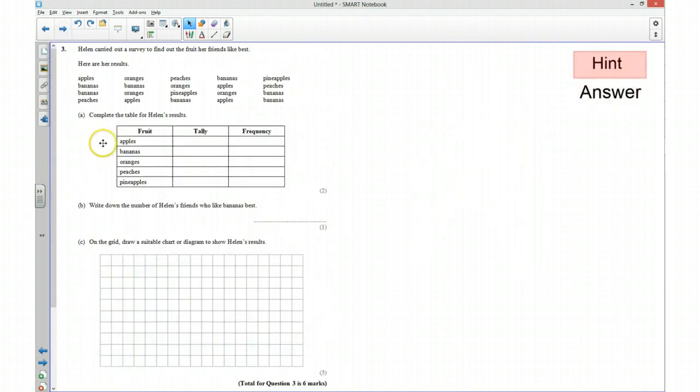Okay, question number 3. So Helen's carried out a survey to find out the fruit her friends like best, and here are her results. We need to complete the table for Helen's results into this table here.